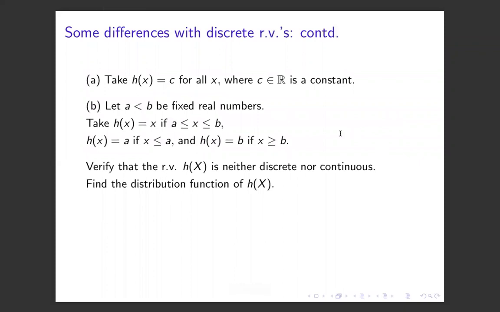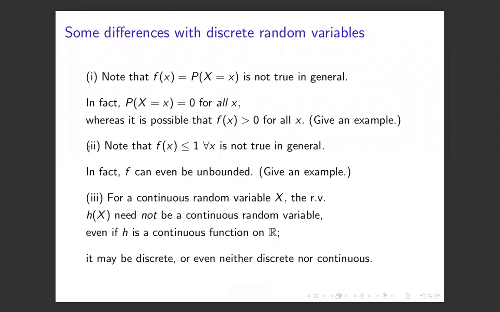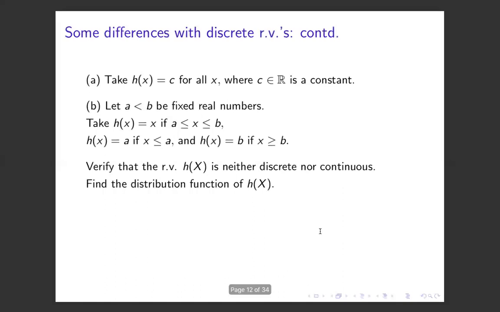For h of x discrete, take the constant function. Your x may be a continuous random variable, but if h of x equals c for all x, then that is a discrete random variable because it takes only the value c. So this is the case where h of x is a discrete random variable.